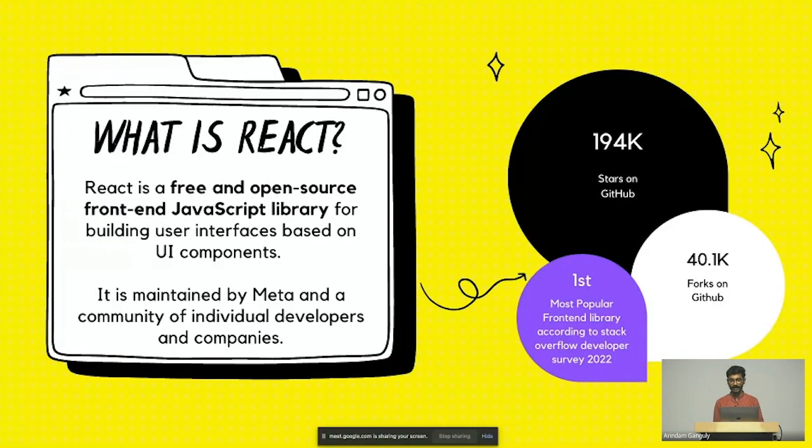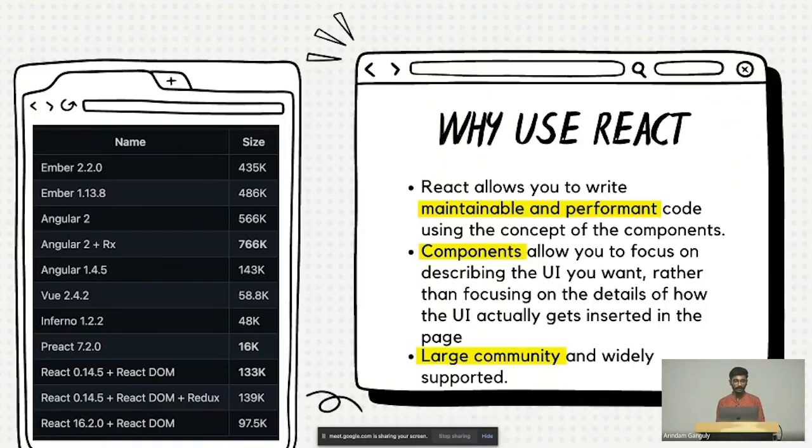Some quick facts about it: it has 194K stars on GitHub and 40.1K forks, and it has been predominantly the most popular front-end library in different surveys for the past few years. If you look at the left image, this is pretty clear, right?